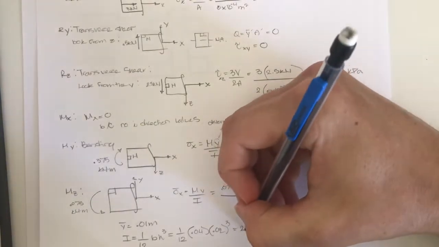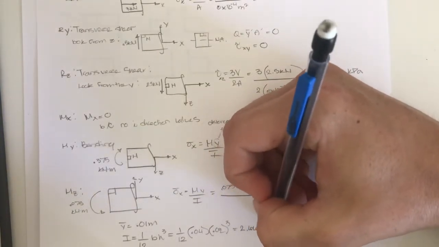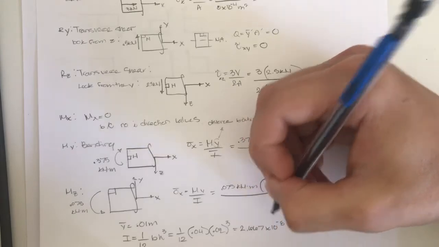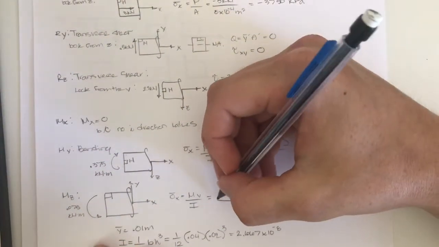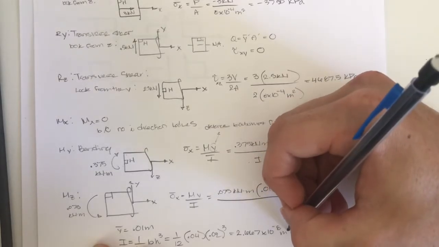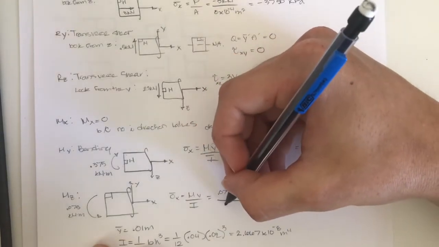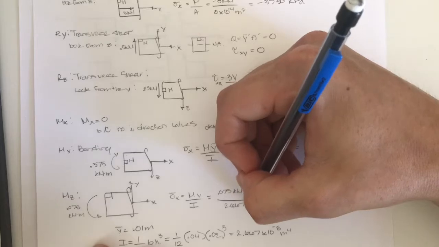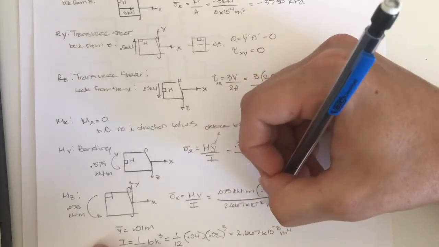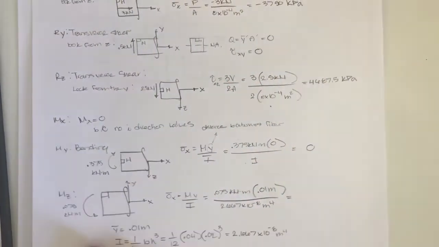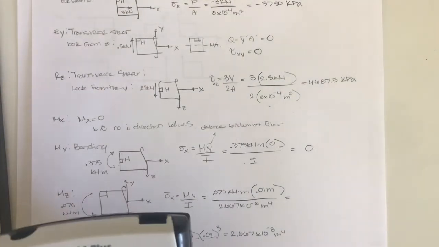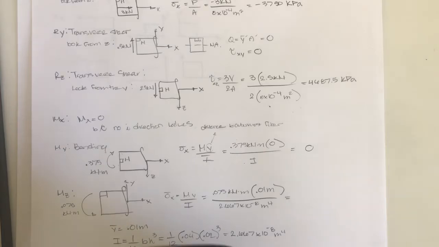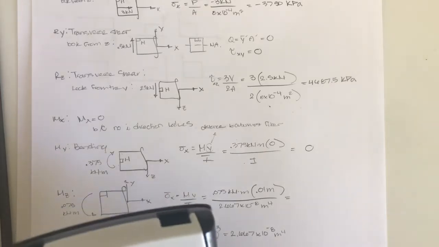So that is equal to 2.667 times 10 to the -8th meters to the 4th. So I'm going to plug this in here: 2.667 times 10 to the -8th meters to the 4th is equal to 0.075 times 0.01 divided by 2.67.